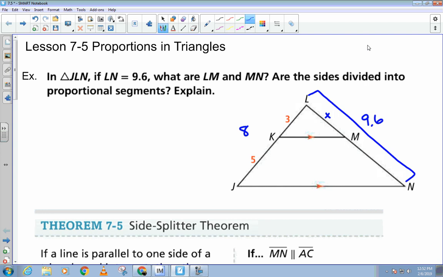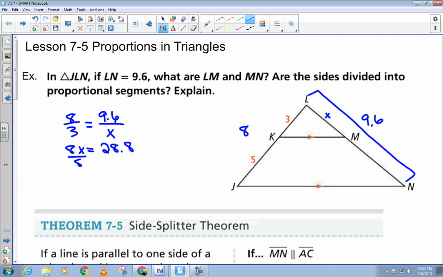8 over 3 equals 9.6 over x. You guys do it so backwards from the way I would do it. That's okay, it'll work. So 9.6 over x. We did the long side to the short, the long side to the short. So we cross multiply and we get 8x equals 28.8.